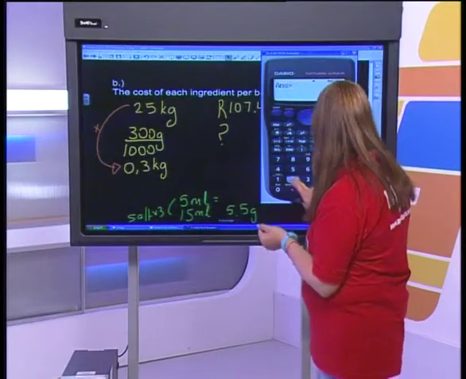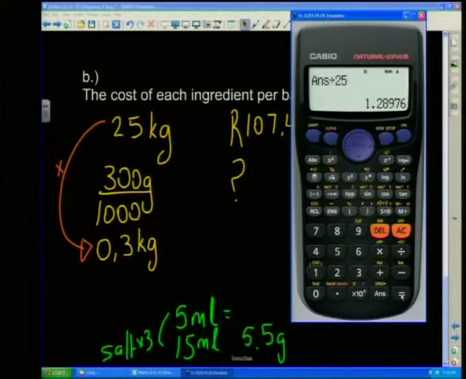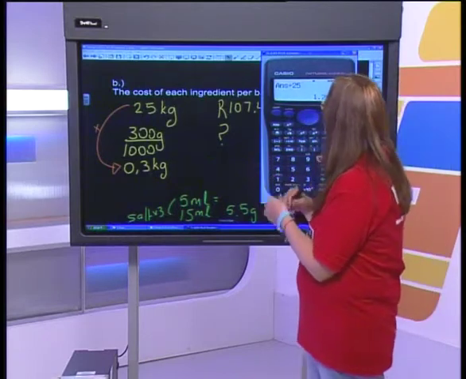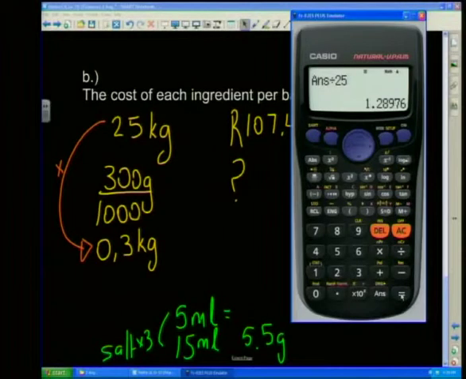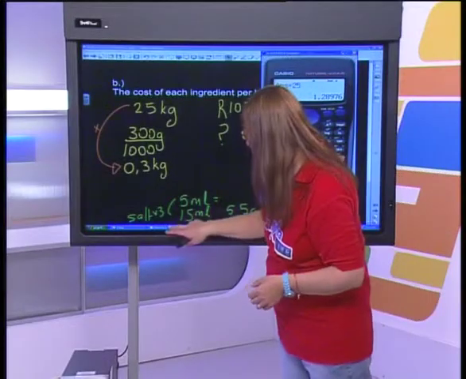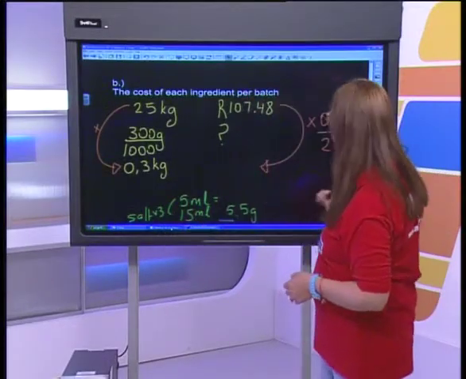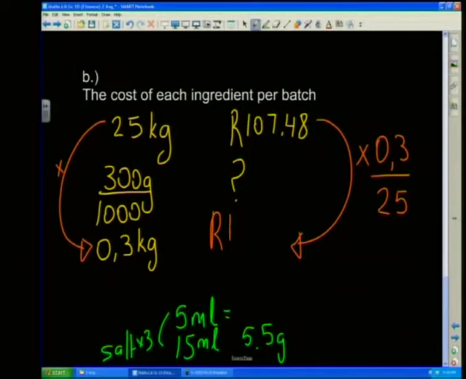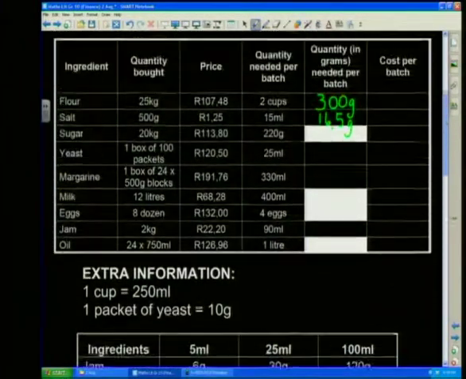And we're going to divide by 25, and we get an answer of 1.28976. Now, if we want to know the price per batch, I'm going to have to round it off. I'm going to make it R1.29. So it's R1.29 for the flour. And I can go back and fill that into my table.